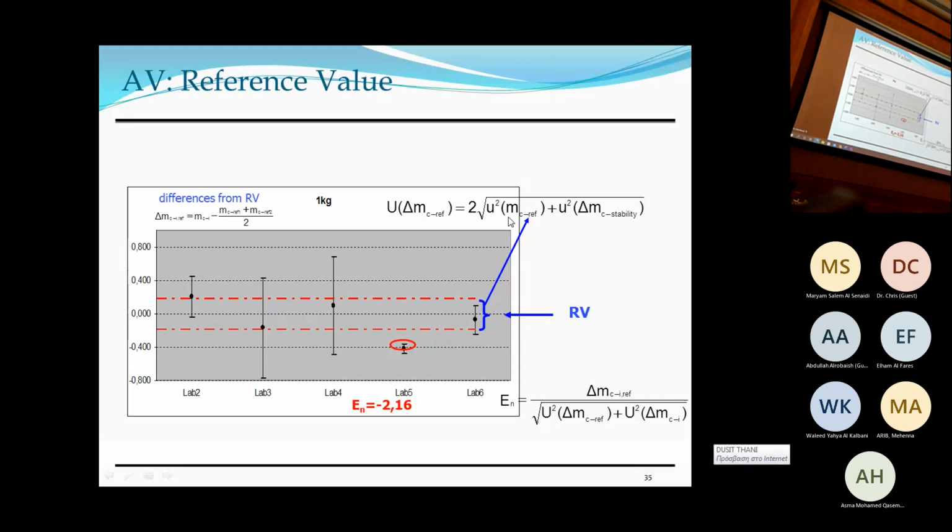It's the uncertainty of the reference lab, as determined by the reference lab, plus the uncertainty of any instability that might be evident within this reference value. Okay? So this is how these two red lines were determined here.